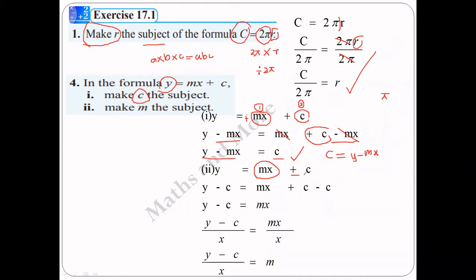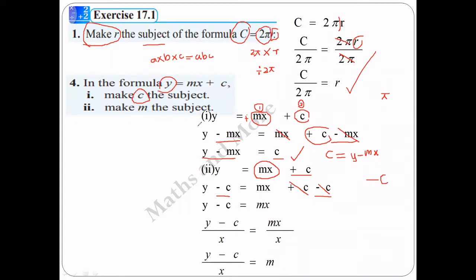Here plus c means the inverse operation is minus c. So put minus c to both right and left, because we have to maintain the balance of the equation. Formula is also a type of equation. Cancel out this minus c with this minus c. Then only mx remains on the right hand side, and y minus c remains on the left hand side.